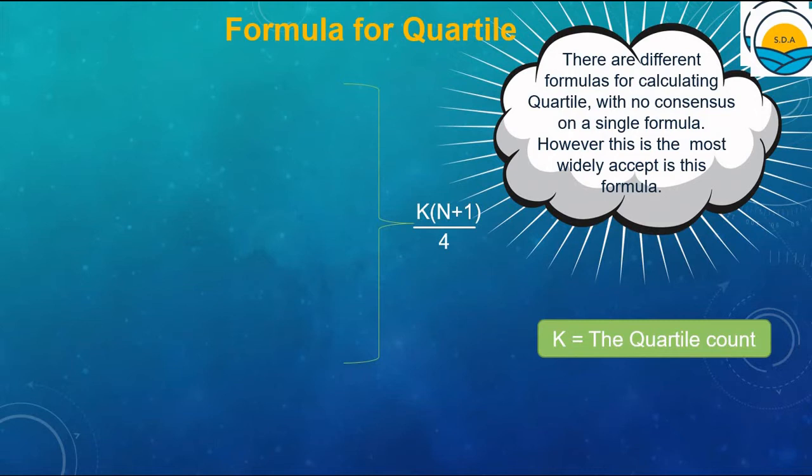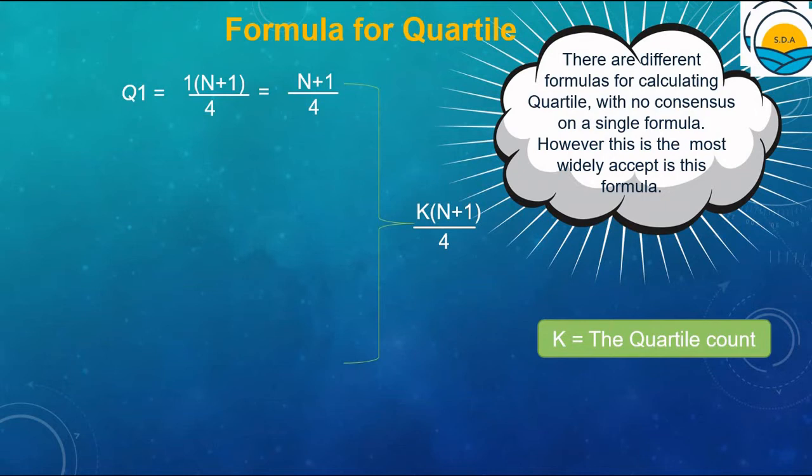Now let us try to find out Q1 with the help of this formula. When you are trying to find out Q1 or quartile 1, your K will be 1. So your formula becomes 1 multiplied by n plus 1 upon 4. When you simplify this formula, it becomes n plus 1 upon 4.